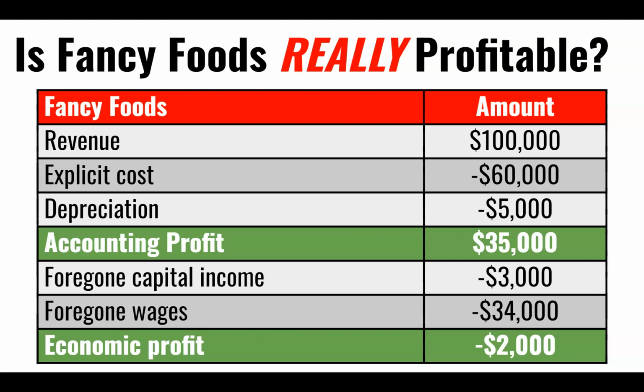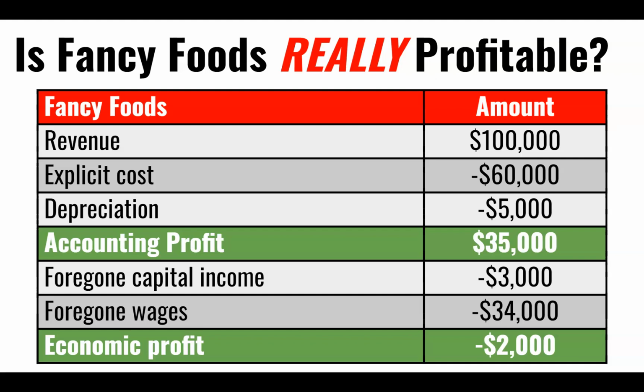And I could have taken the equipment, the capital that I'm using in my restaurant, which I own, and leased it to somebody else and got $3,000 from them for leasing that equipment. So I didn't use it, but somebody else did, and they paid me for it. So really what I'm saying here is I could have earned $37,000 on my own if I had never opened up the restaurant, compared to $35,000 that I earned when I did open the restaurant.